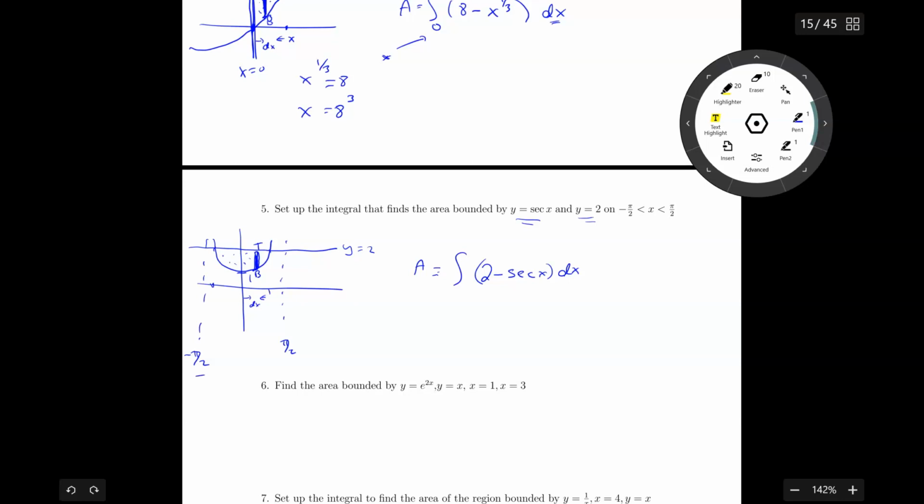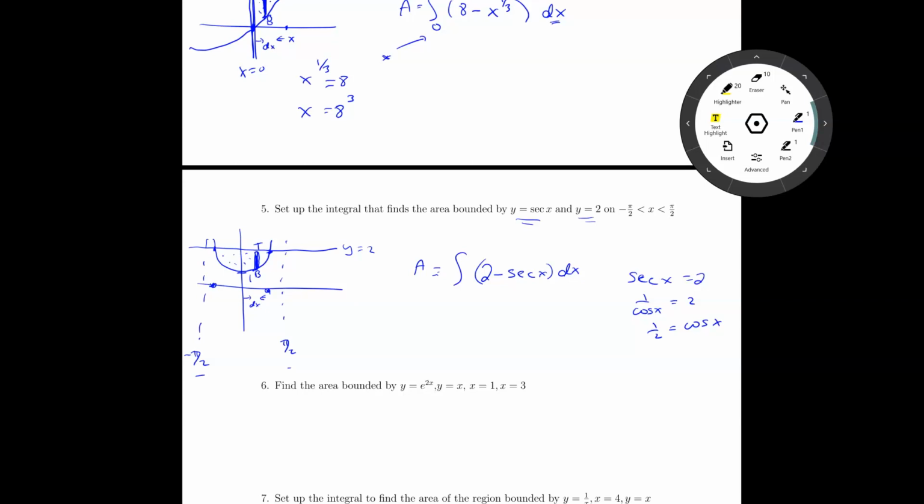It is not pi over 2 and negative pi over 2, because those are asymptotes. So I need to find these two x values where secant of x is equal to 2. I know secant is 1 over cosine, so if I cross multiply, I get cosine of x is 1/2.